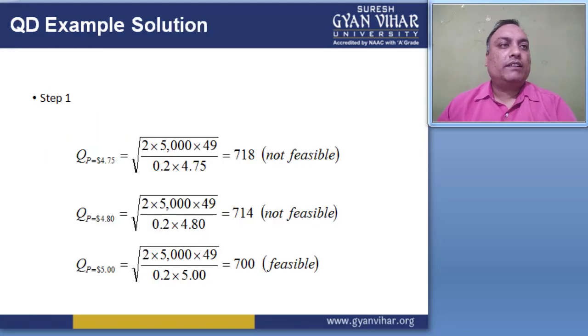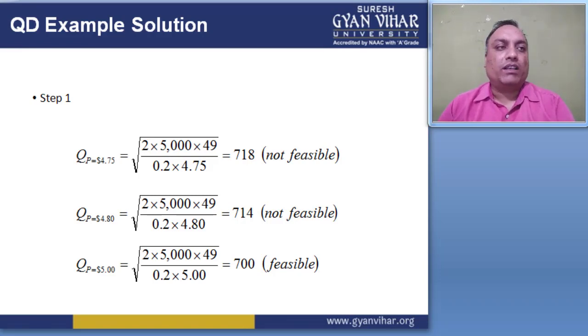So this is step 1. This is the solution. If the ordering quantity is at the price of $4.75, then it uses the formula, which gives 2 into 5000 into 49 divided by 0.2 into 4.75, equal to 7118.